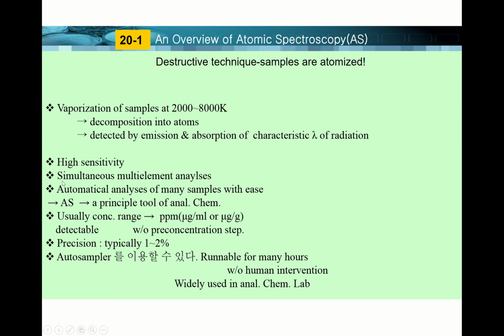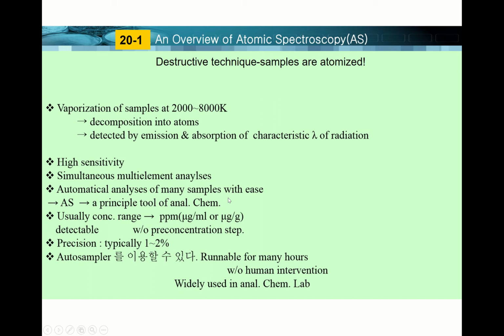The second characteristic is that you can simultaneously detect multiple elements. Although our textbook doesn't say much about that, I will maybe give you some complementary material on how we can perform multi-element analysis, which means that after atomization, about 50 elements could be simultaneously analyzed.